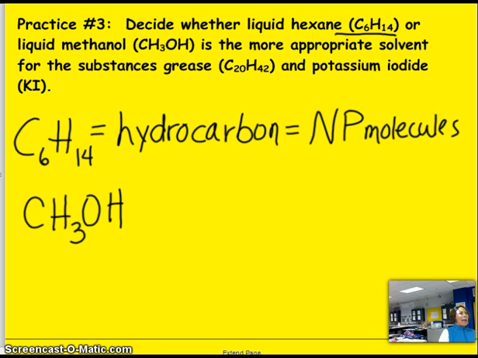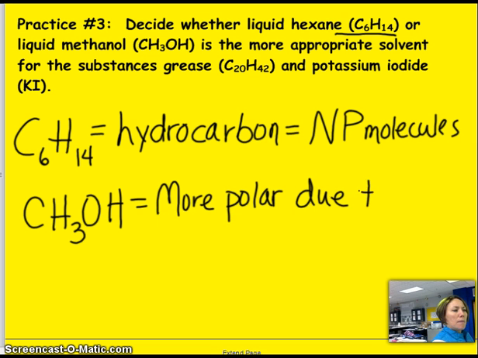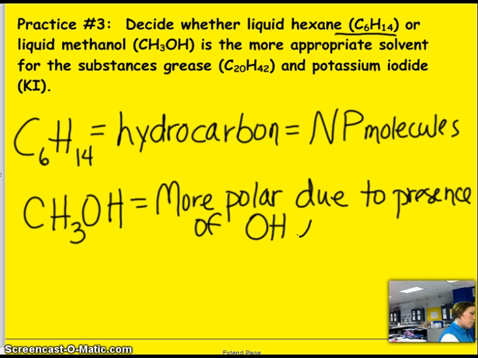So the OH bond introduces polarity. This is more polar due to the presence of the OH bond. So this solvent is more polar than this. This is a largely nonpolar solvent.